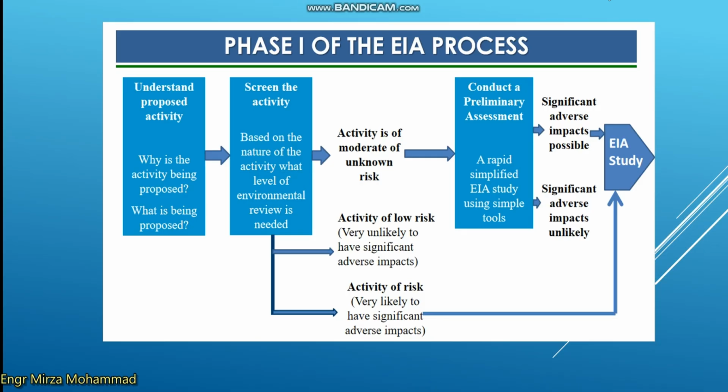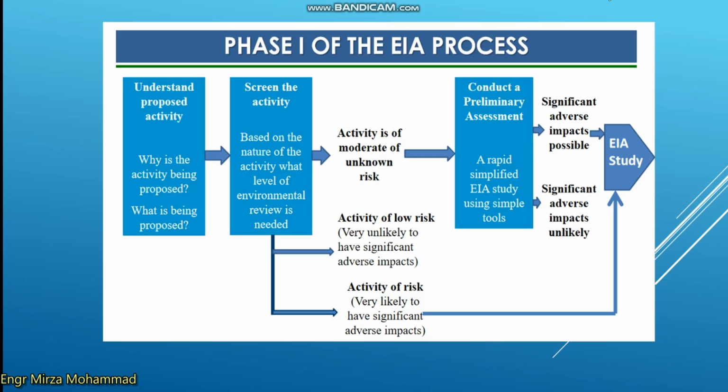We can see here the three categories. When the activity is of low risk, then obviously the significant adverse impacts are less. When the activity is of high risk, there is significant adverse impact. So in that case, we have to go and do the environmental impact assessment study.